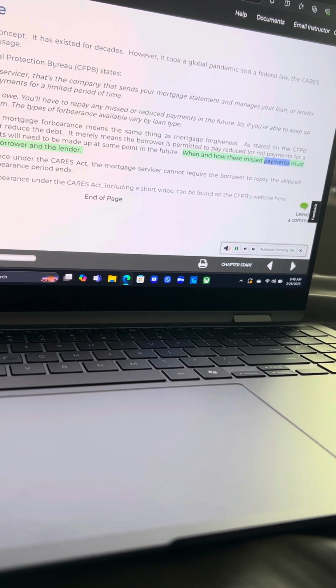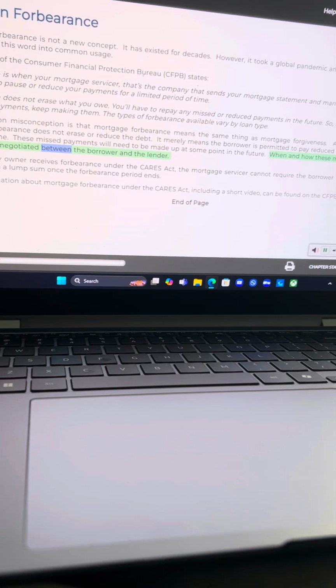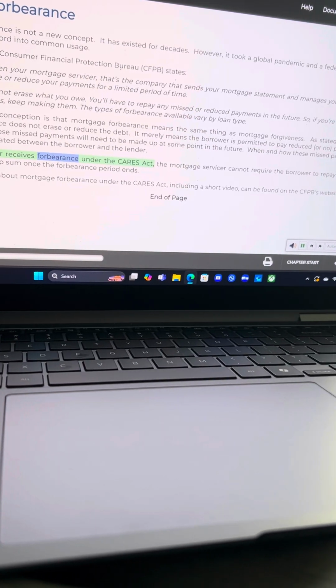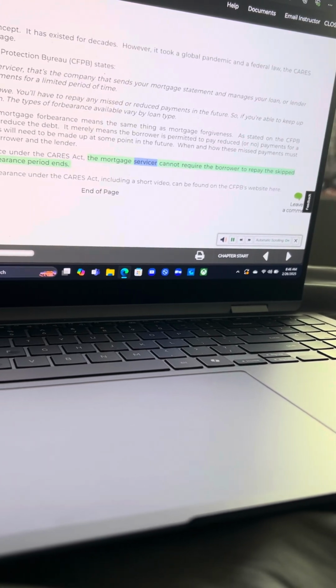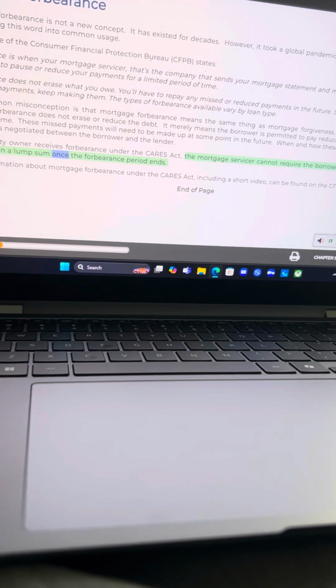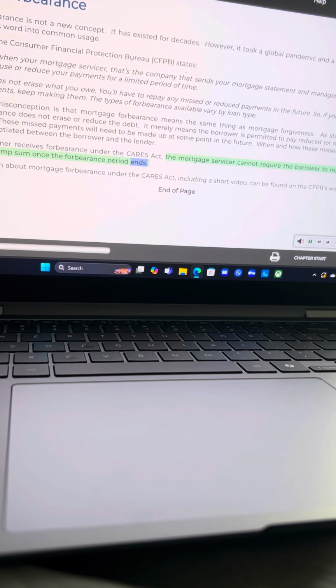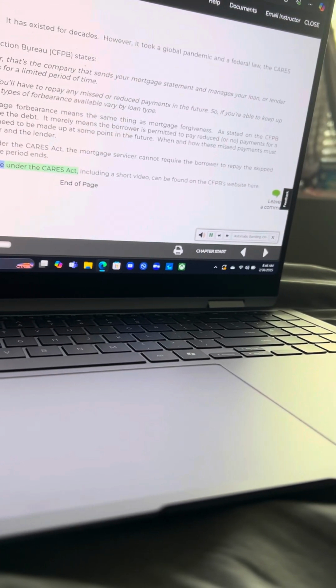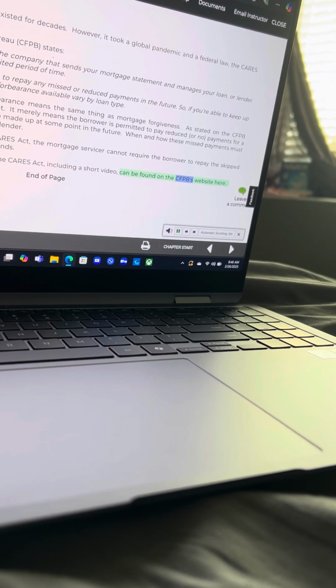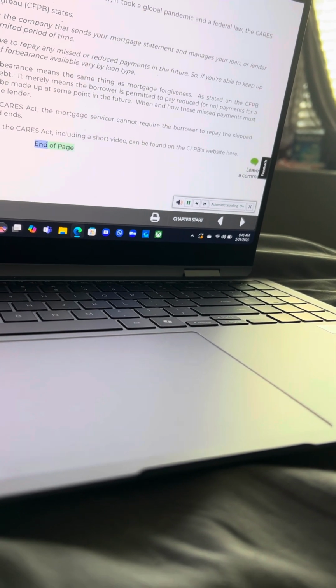When and how these missed payments must be repaid is negotiated between the borrower and the lender. If a property owner receives forbearance under the CARES Act, the mortgage servicer cannot require the borrower to repay the skipped payments in a lump sum once the forbearance period ends. More information about mortgage forbearance under the CARES Act, including a short video, can be found on the CFPB's website here. End of page.